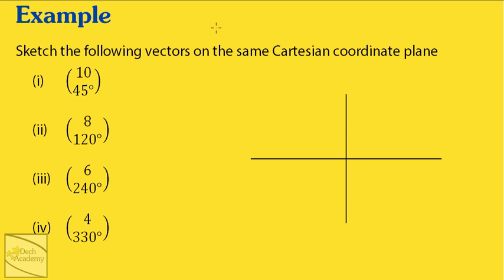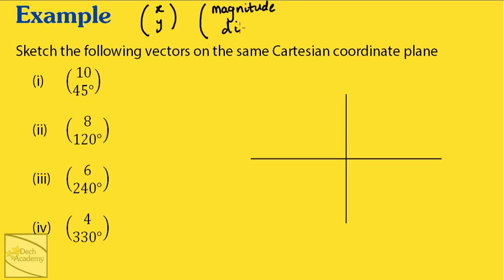In this example, we're required to sketch these vectors on the same Cartesian coordinate plane. One thing that's different about the vectors here is that instead of being described by their x component and y component, the vectors are being described using their magnitude and their directions.